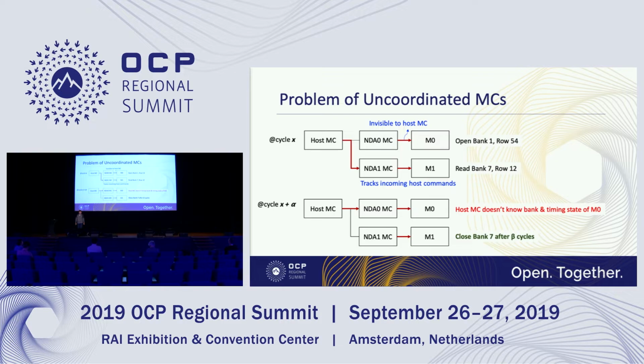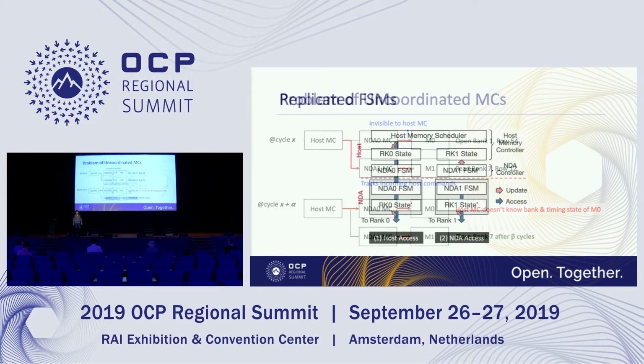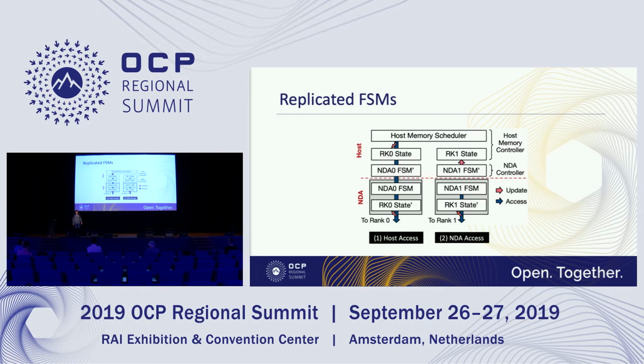Since the NDA1 memory controller keeps tracking the incoming host commands, it knows exactly the state of bank and timing, so it knows what command it has to issue and when. The solution here is simple: replicating the FSM of the NDAs. But this requires some standardization of the NDA operations.